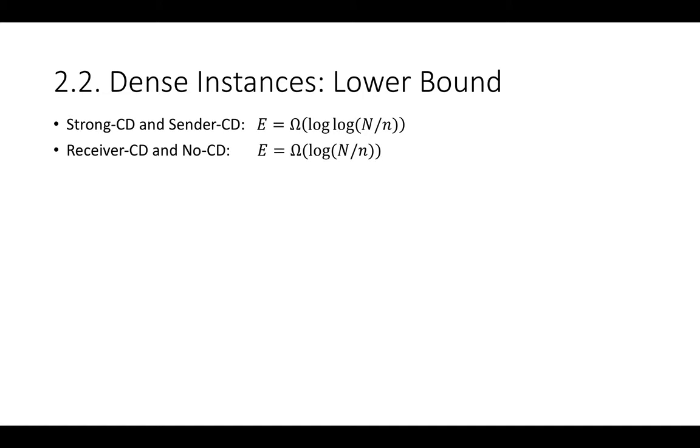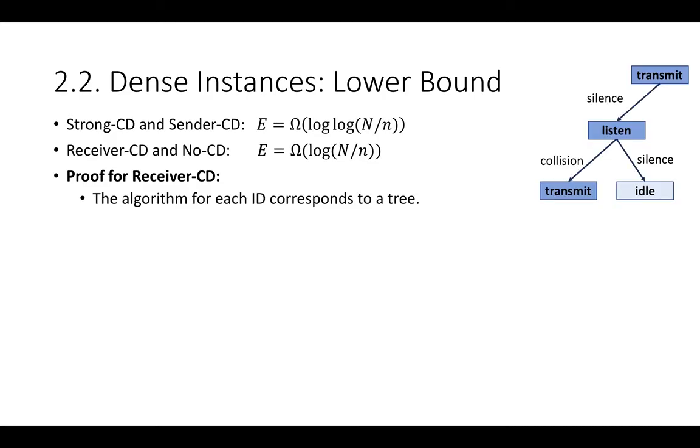So let me first prove this lower bound of log N over n for receiver CD. So recall that the algorithm for each ID would correspond to a tree, and now because we're in the receiver CD model, when the device transmits, it cannot receive the collision signal because it cannot distinguish between collision or no collision.